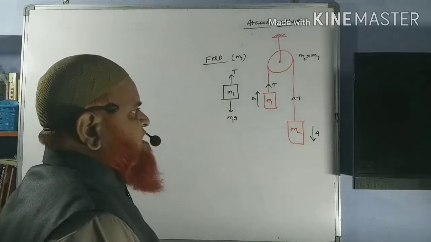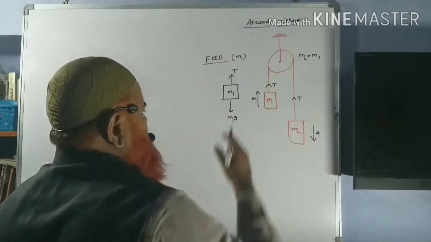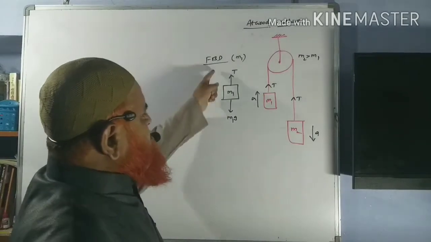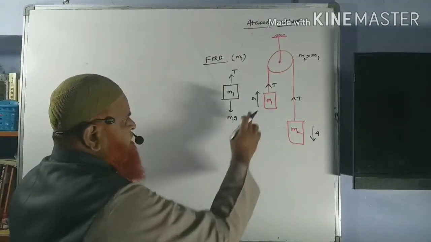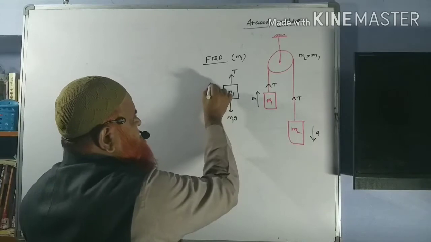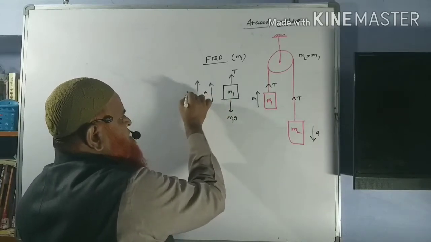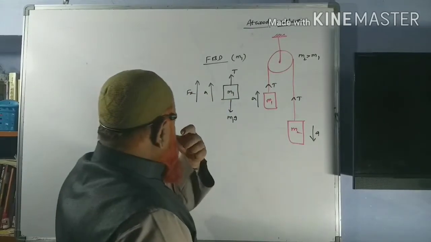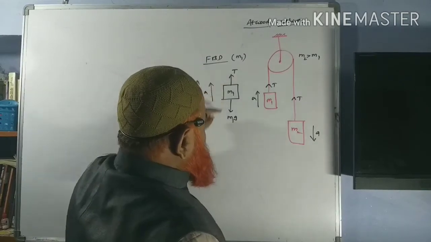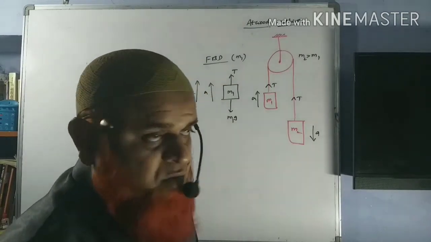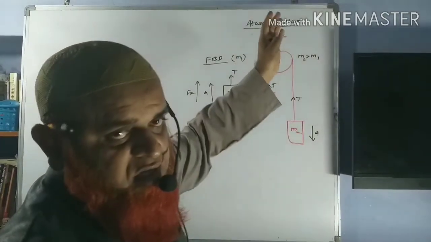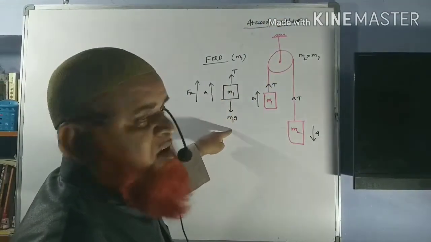As m2 is dominating m1, this is coming down and that is moving up. On the body of mass m1, the resultant force is acting upwards, that means acceleration is also acting upwards. Even though two forces are acting on the body, it is moving upwards. That means T is dominating m1g.